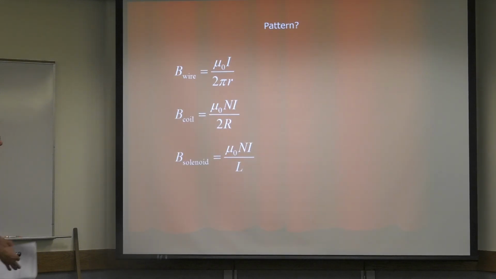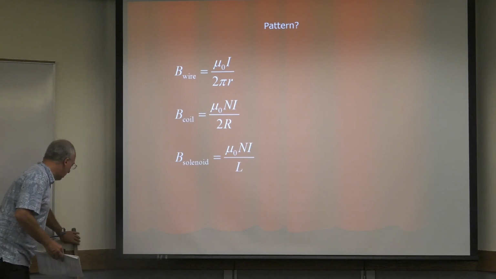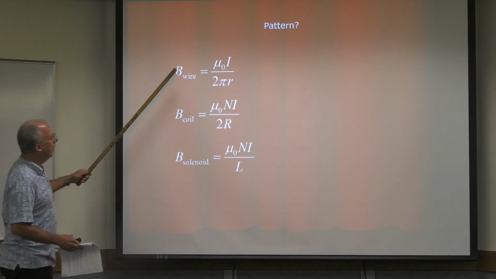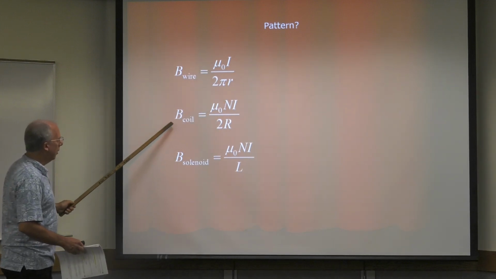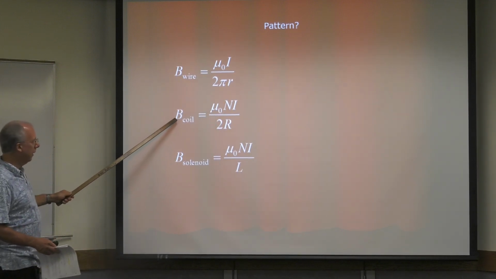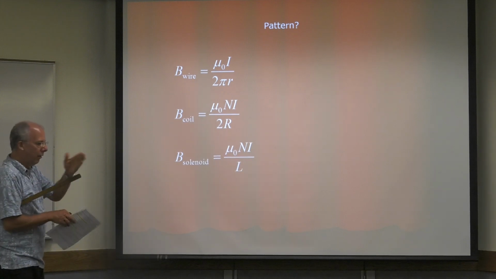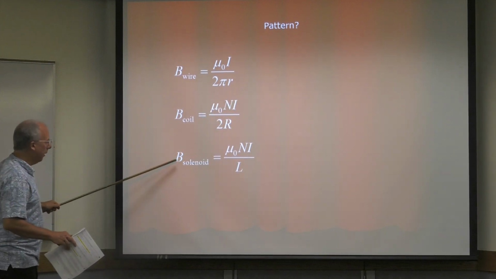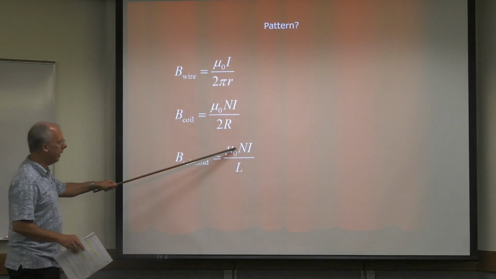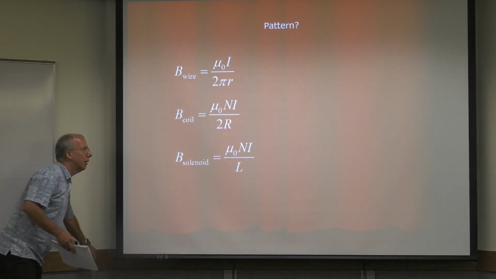Okay, so look at this. Is there any kind of a pattern here? The B field for a straight wire, mu naught I over 2 pi r. The B field in the center of the coil, mu naught Ni over 2r. The B field inside a solenoid, mu naught Ni over L. So what's the pattern?